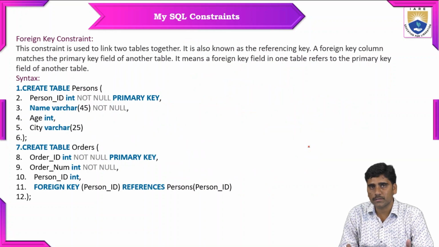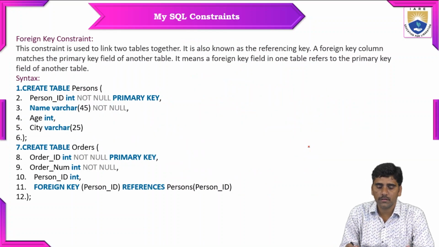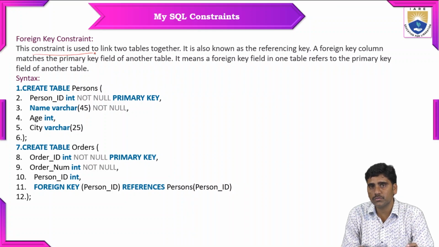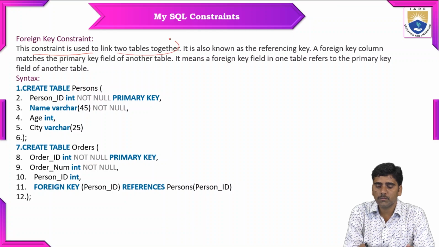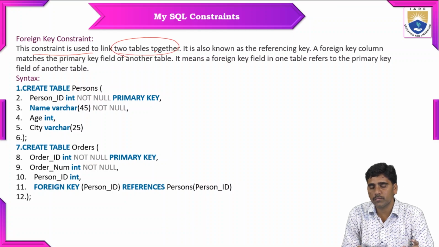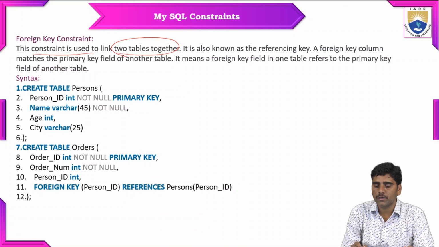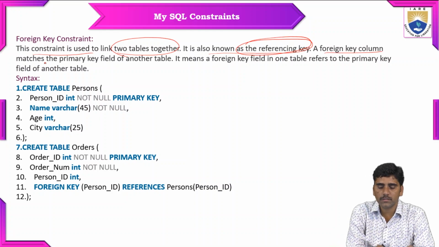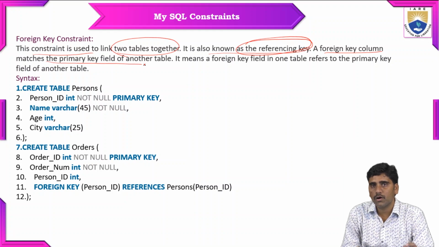And foreign key constraints. This constraint is used to link two tables together. It is also known as the referencing key. A foreign key column matches the primary key field of another table.